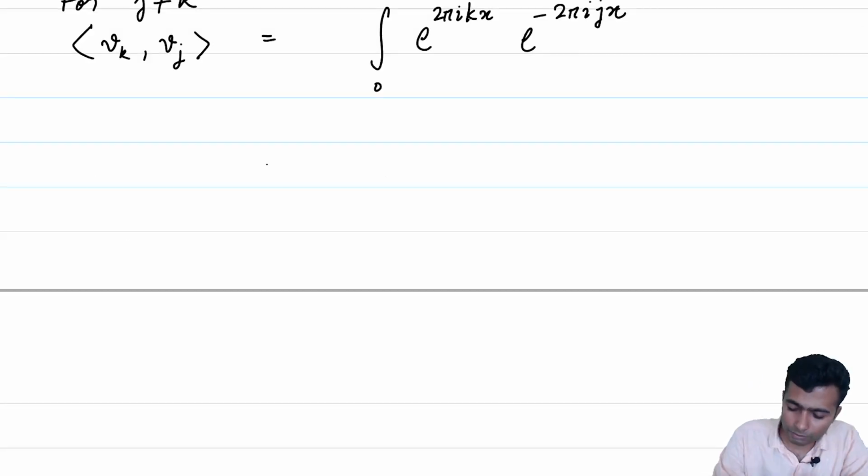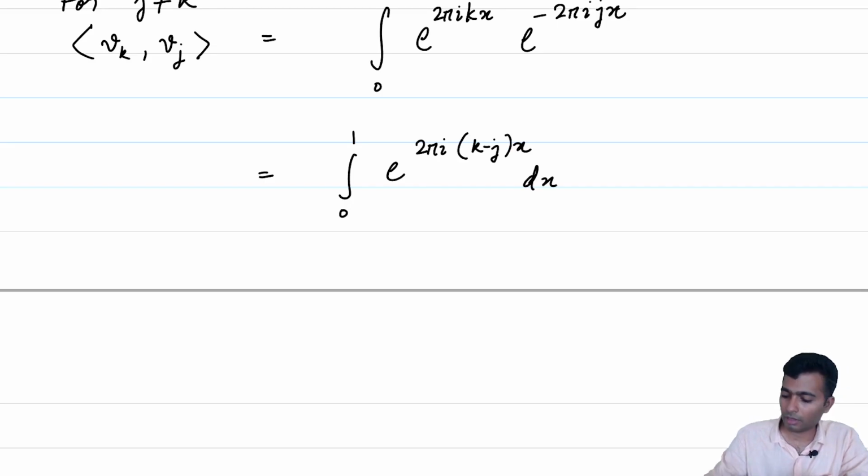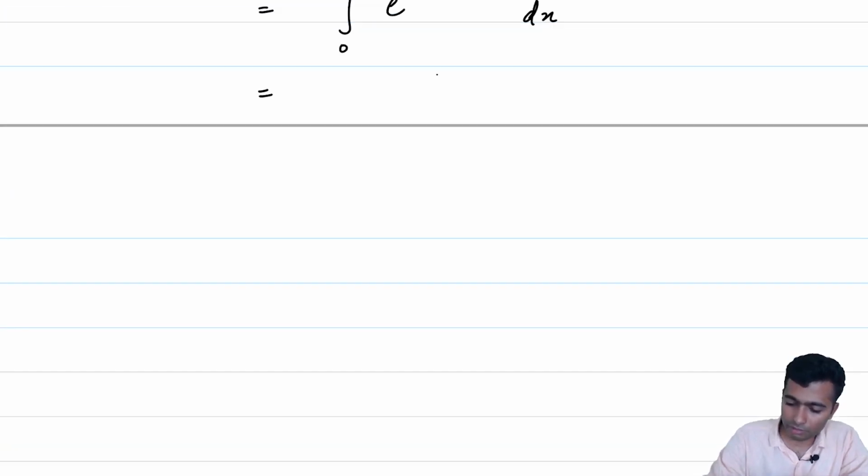So this is equal to the integral from 0 to 1 of e to the power 2 pi i times (k minus j) times x dx. And this is just e to the power 2 pi i (k minus j) x divided by 2 pi i times (k minus j), from 0 to 1.